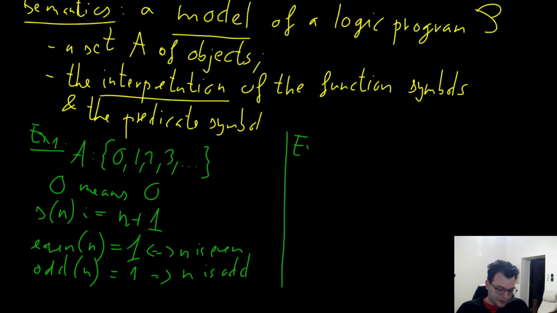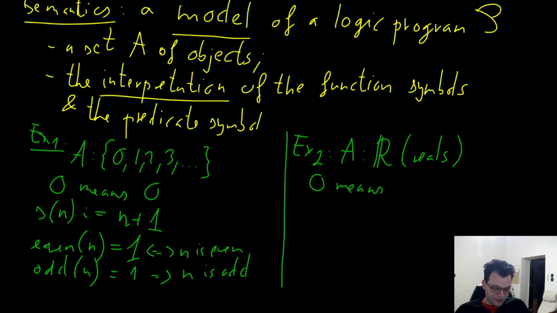And for example, we can say that the universe is all the real numbers. Why not? We can say that 0 means, say, 1 as a real number. So this is just an object. Constant function symbols are mapped to specific objects of the universe.